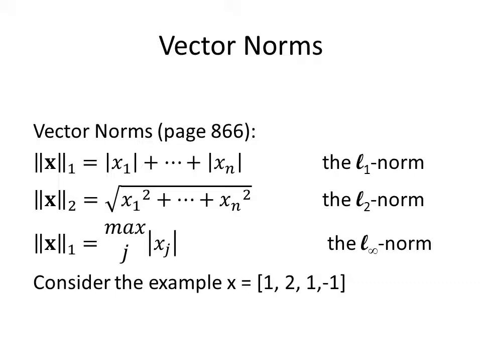So we would have 1 plus 4 plus 1 plus 1, take their sum, take the square root of it, and we have an L2 norm of the square root of 7. Next, for the L infinity norm, we would take the absolute value of these, take the largest, and we would have an L infinity norm of 2. So those are the different vector norms that are in common use.